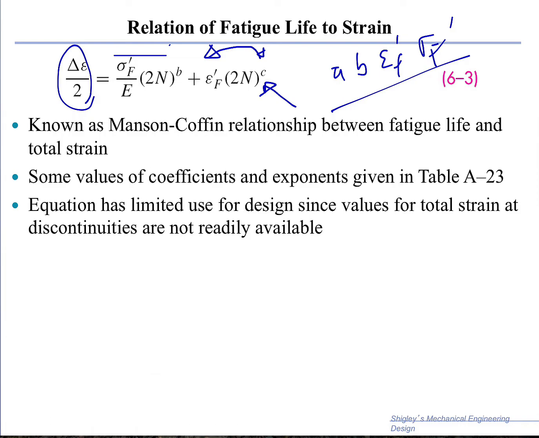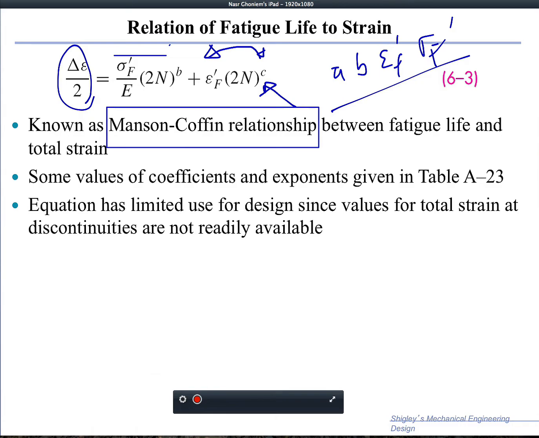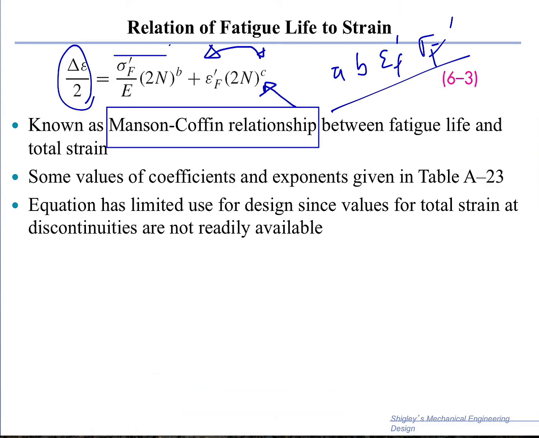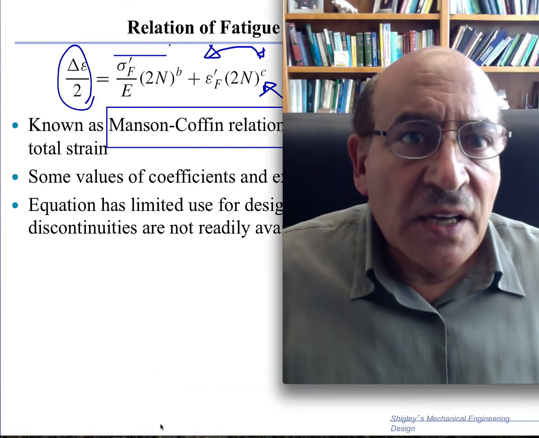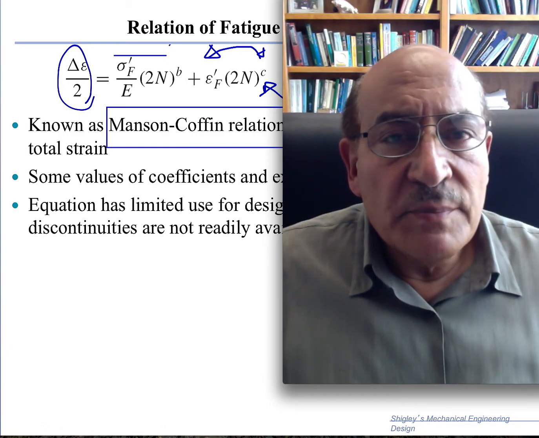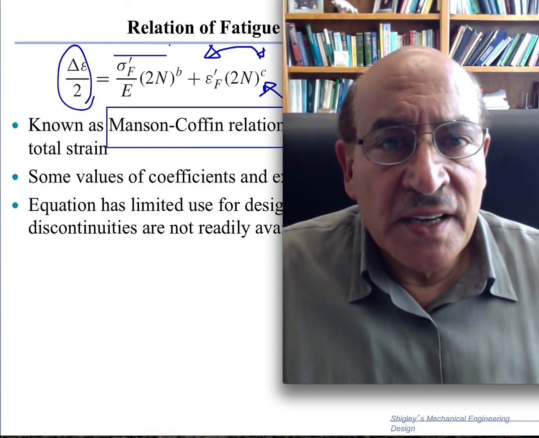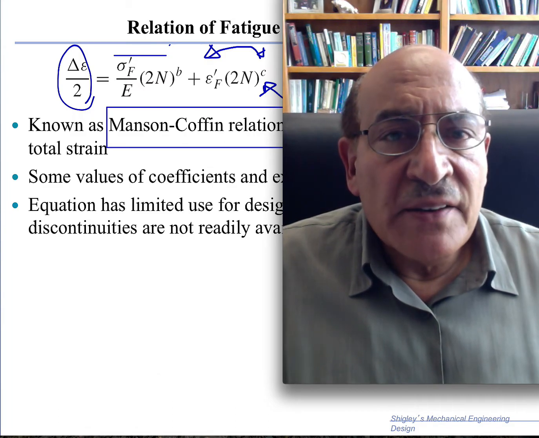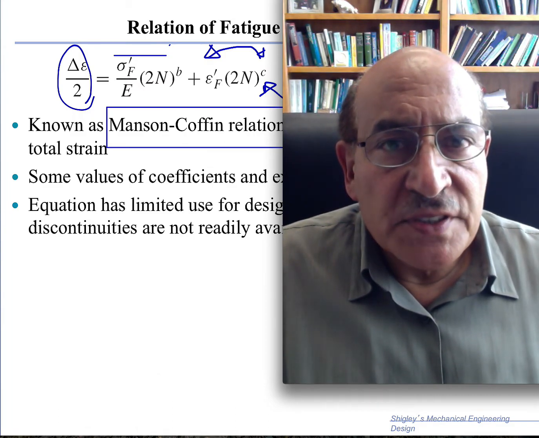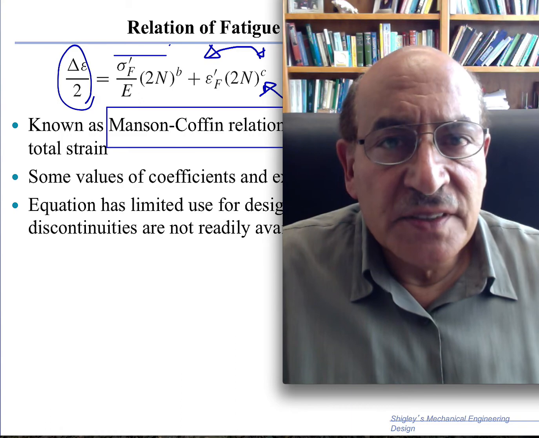This type of analysis is very well known as the Manson-Coffin relationship. The Manson-Coffin relationship is important because it is one of the most reliable relationships that we can use to study fatigue based on strain life criteria, assuming that we have the data for these four parameters representing fatigue life.